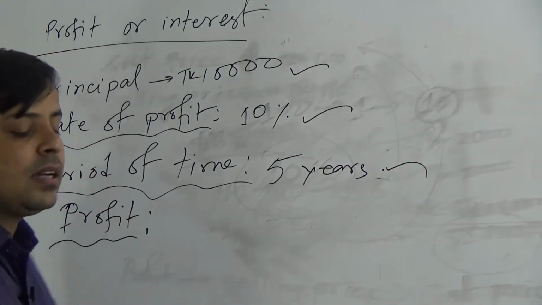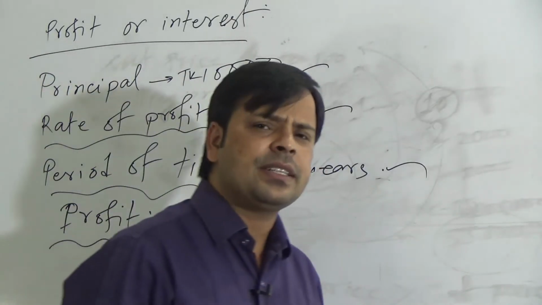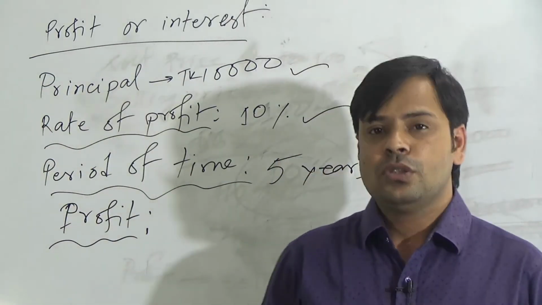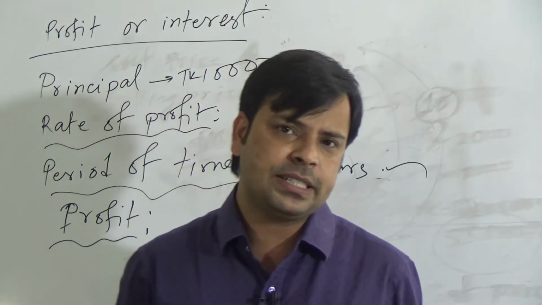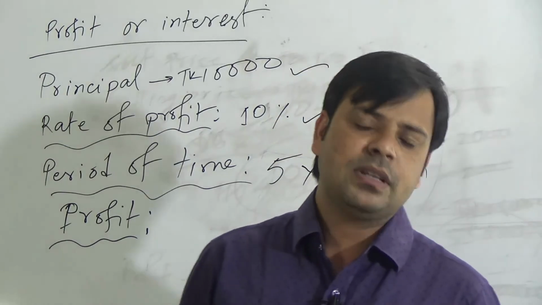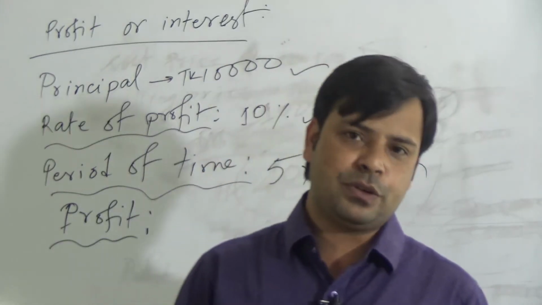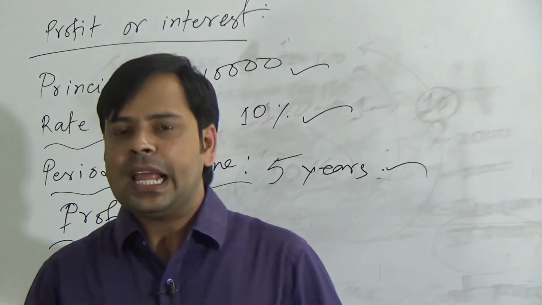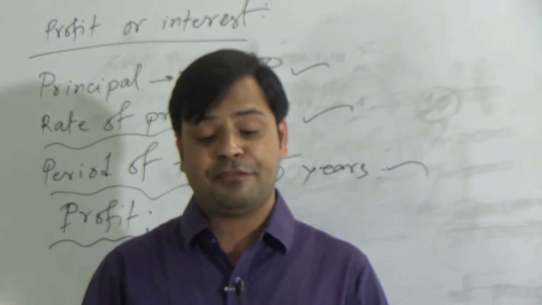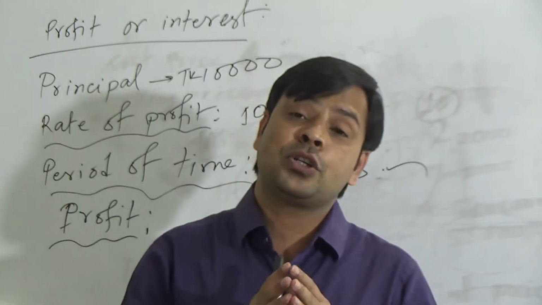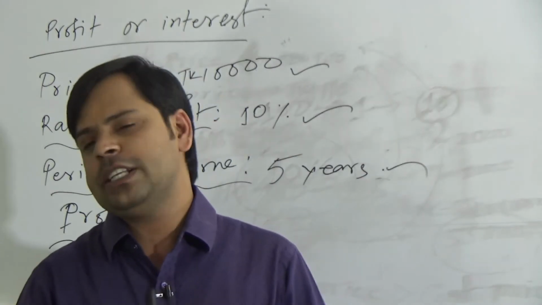Dear students, to determine the profit, we have to know there are two types of profit in banking system. First one is simple profit and another one is compound profit. In this chapter 2 we will learn both systems, but in the first part, exercise 2.1, we will learn only simple profit.